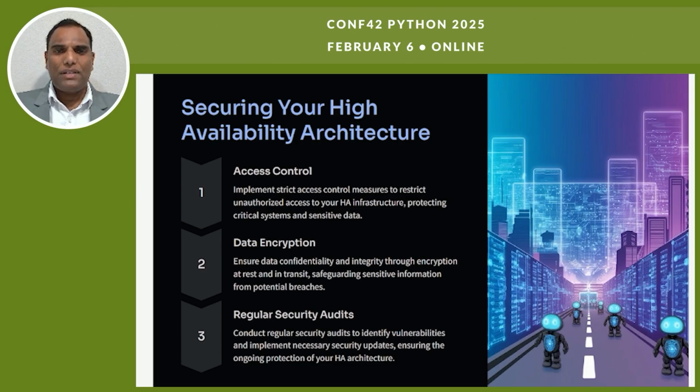Ensure data confidentiality and integrity through encryption at rest and in transit, safeguarding sensitive information from potential breaches. The third one is regular security audits. Conduct regular security audits to identify vulnerabilities and implement necessary security updates, ensuring the ongoing protection of your HA architecture.